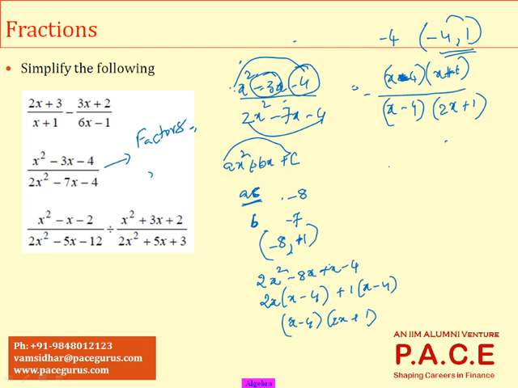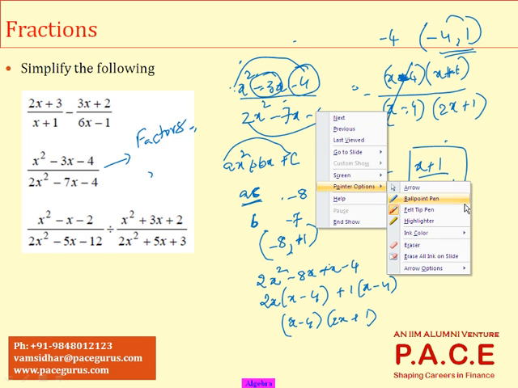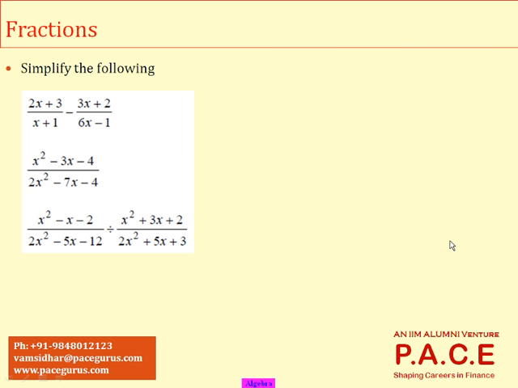I can cancel x minus 4 and write it as x plus 1 by 2x plus 1. So this happens to be the simplified expression. Especially if I have to do a factorization, I can do it in this kind of mechanism. So let me take one more example for you to get a hold on it.